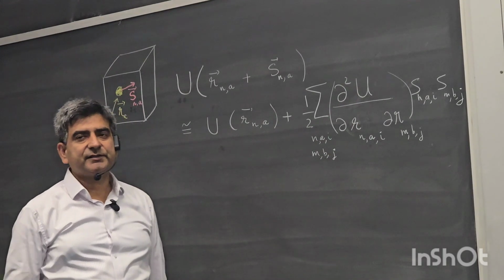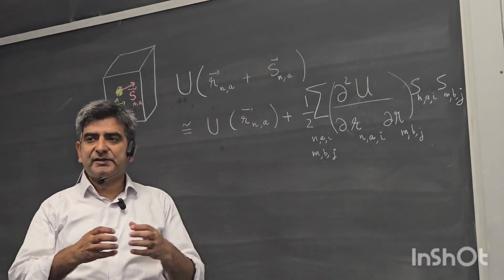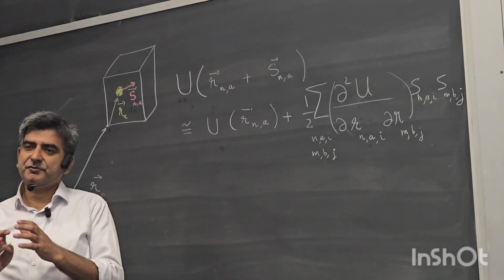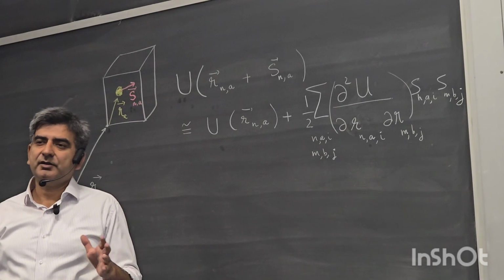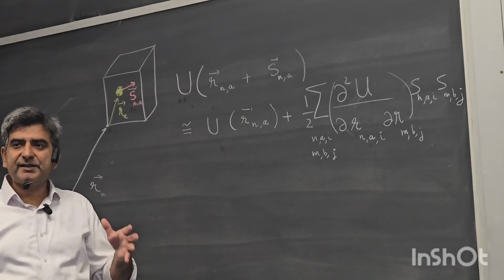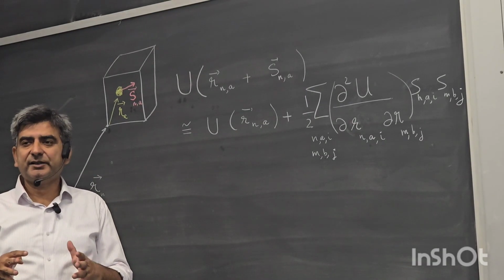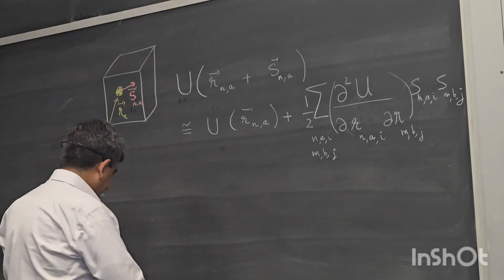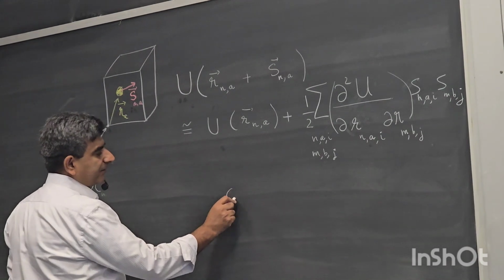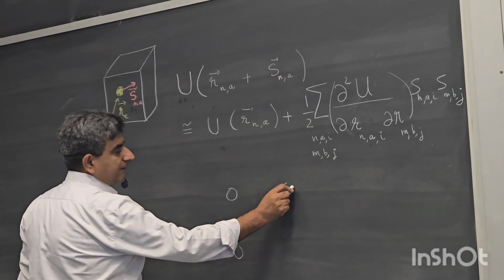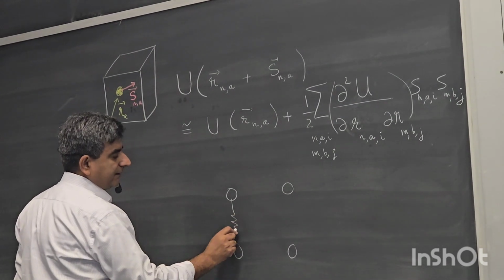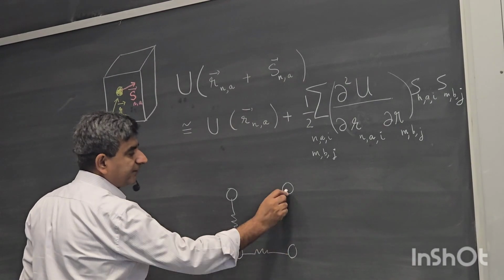The only difference now is that if you have a simple pendulum or a simple mass attached to a spring, you just have half k x squared. But now you have atoms that are inside a network that are interacting with one another. So I can model this structure of atoms as many atoms connected with springs.